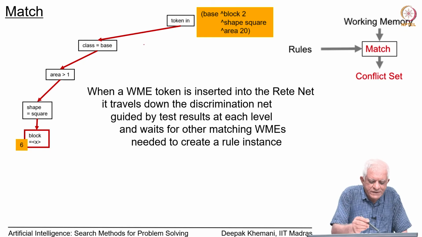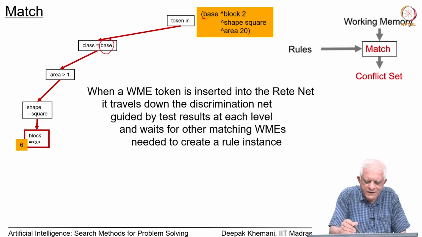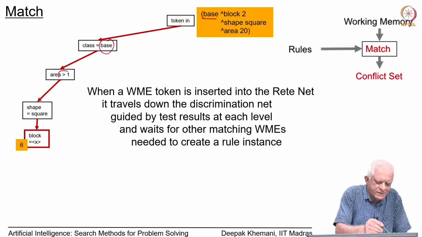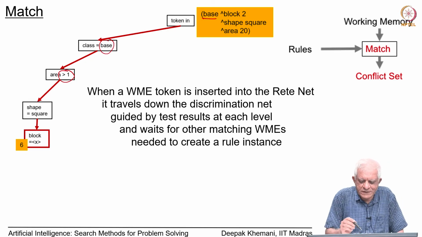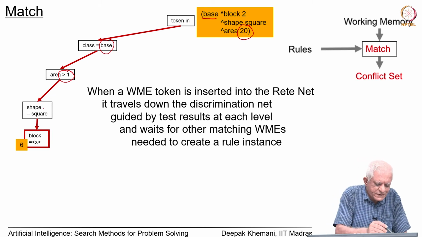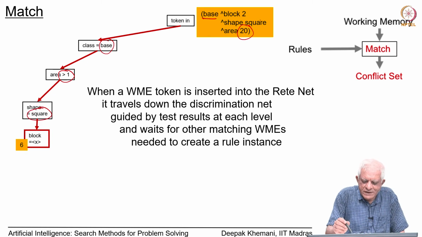The first test is that the class name is base and you can verify that indeed the class name of the token is base. The second test says that the area should be greater than 1 and you can verify that yes, the area is 20, which is greater than 1. The third test says the shape must be square and you can verify that yes, indeed the shape is square.